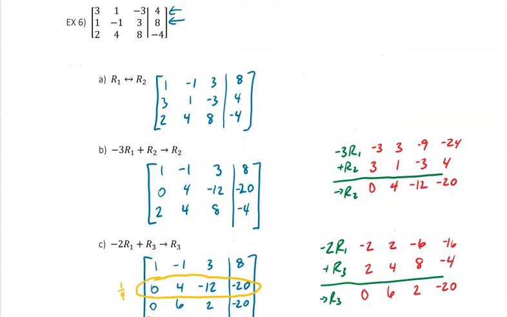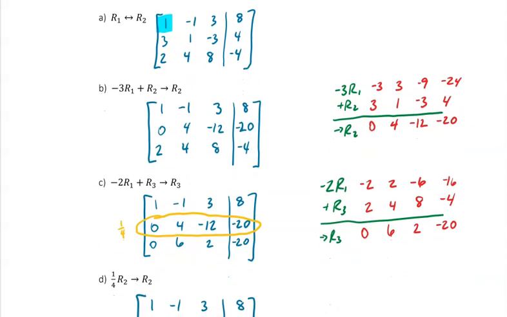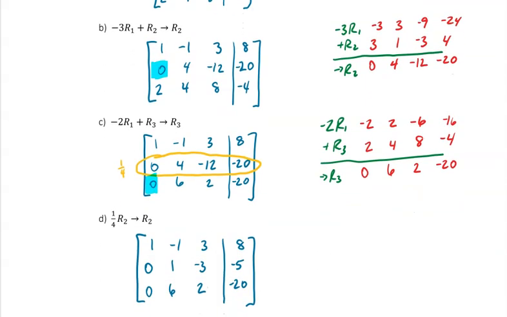For these next ones, for part A, we did a swap, and we ended up with a 1 right here. Then we did 2 combinations in a row, each of those getting another 0. And then we did a multiplication, which got us a 1 again.